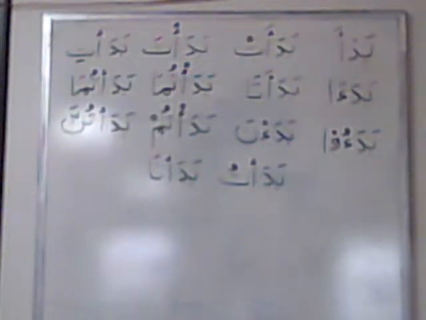Huma, two males: bada'a. Huma, two females: bada'ata. Hiya bada'at. Huwa bada'a. Nahnu bada'na. Antunna bada'tunna. Anti bada'ti. Hiya bada'at. Hum bada'u. Hunna bada'na. Okay. Good, MashaAllah.